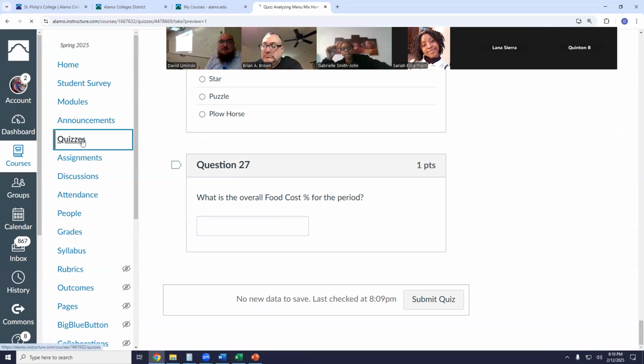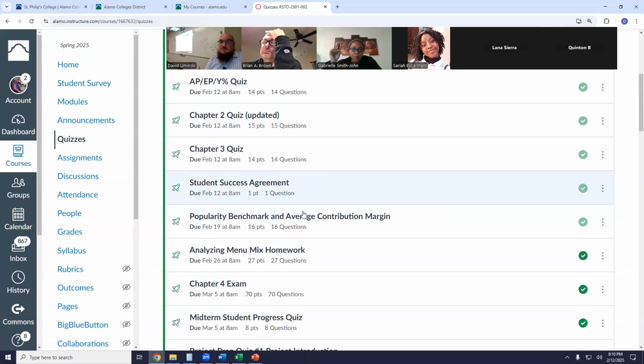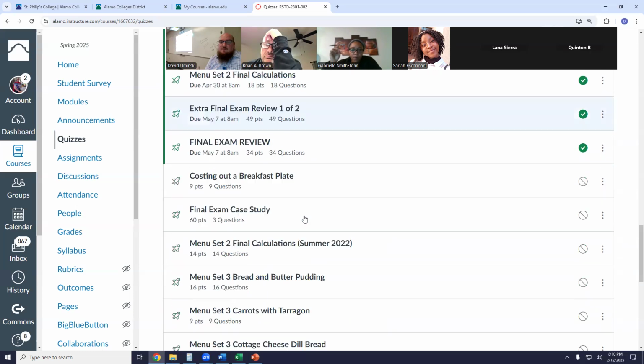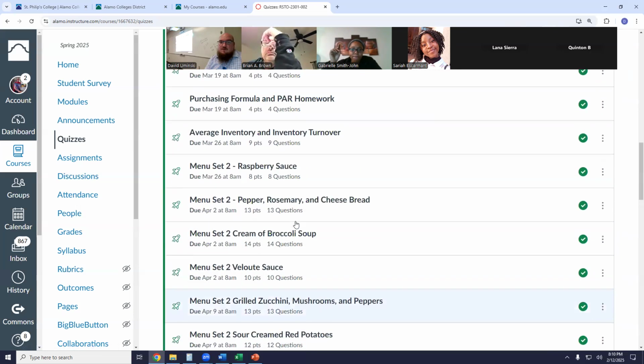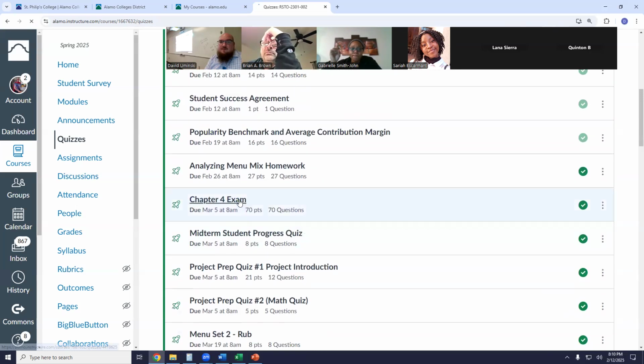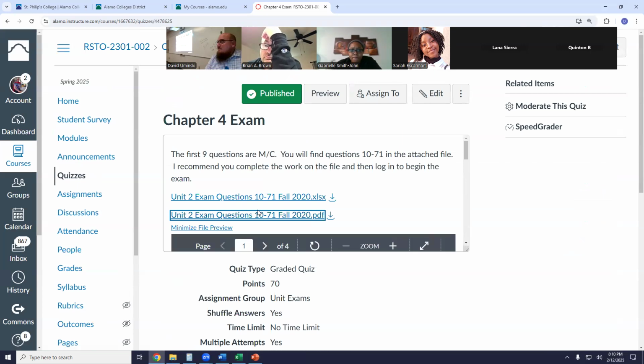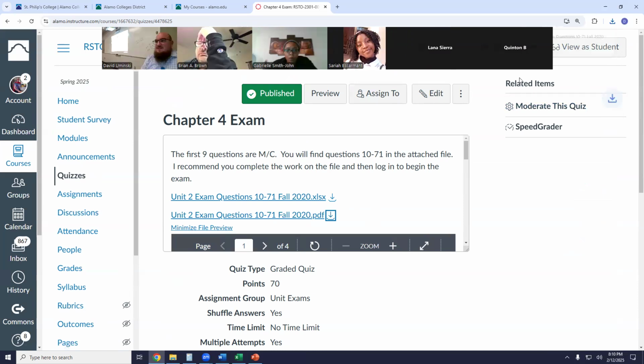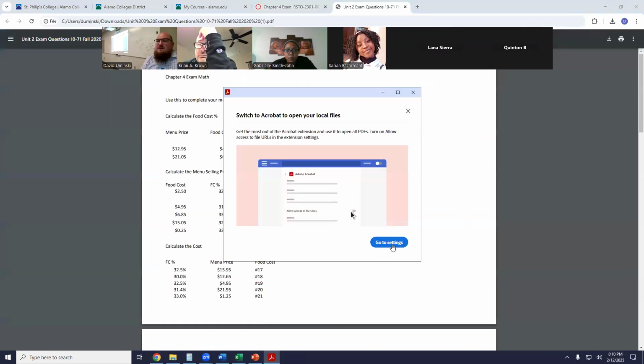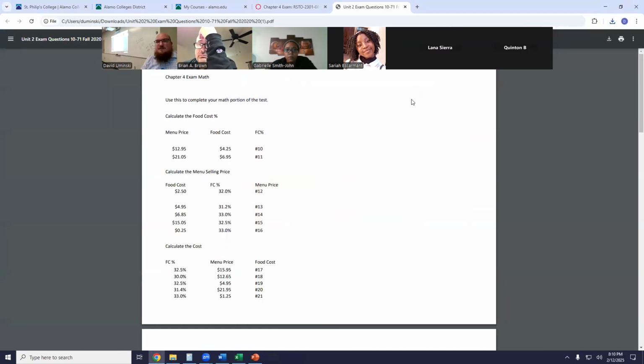Then, if you go to your chapter 4 exam, again, I encourage you to download and print out your assignment. So that way you can, oh wait, hold on, I can't do PDFs on this computer.